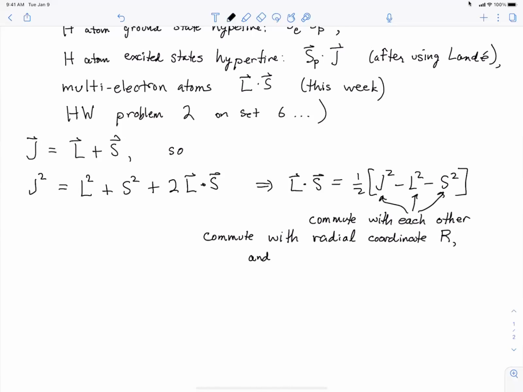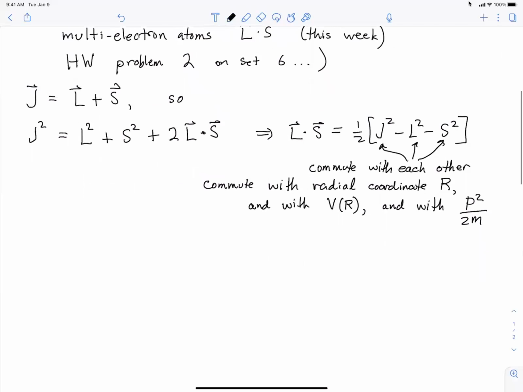Because they commute with the radial coordinate r, they commute with any function of r. So they commute with what you're told in the problem is the arbitrary spherically symmetric potential V of r. And they commute with the kinetic term. Again, this is just the fact that the kinetic term is rotationally invariant.